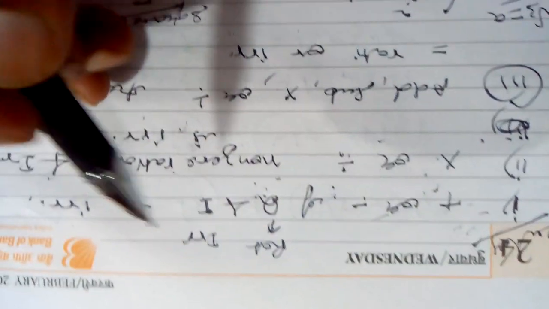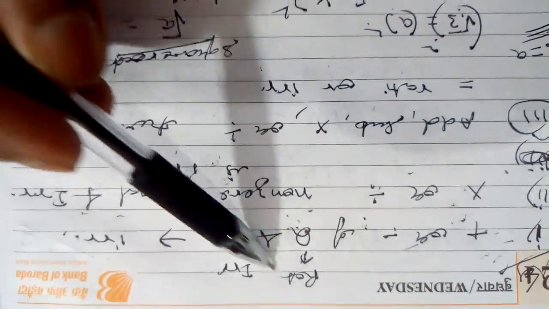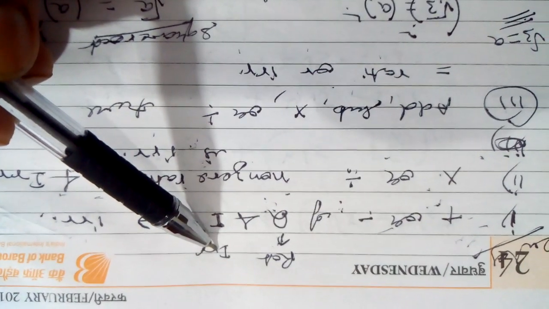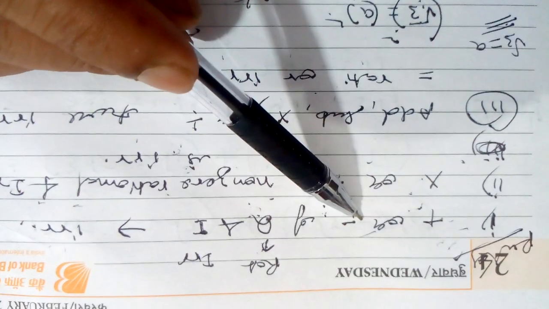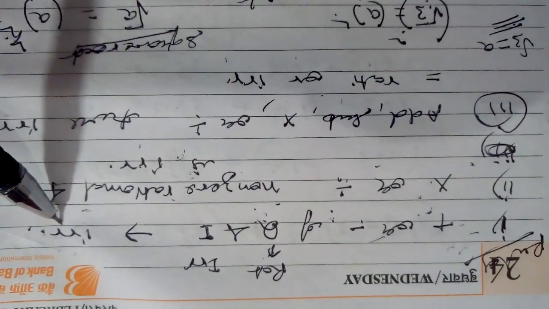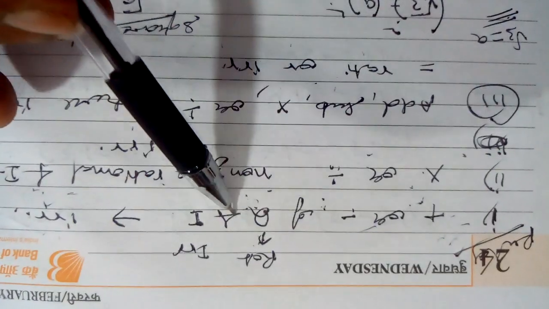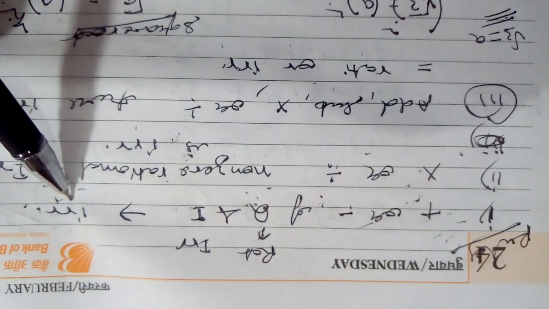Next you will get another very important result. With the help of this, you are getting three results. When one number is rational and one is irrational, if you add or subtract, plus or minus, then the result will always be irrational.